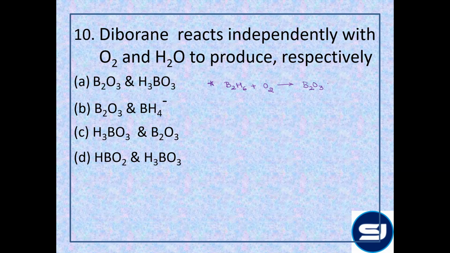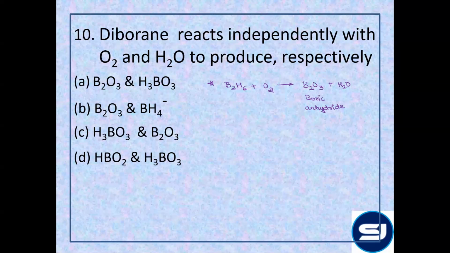This was also named something else: boric anhydride, which is a constituent of one very important test, the borax bead test. Borax bead test, that is very important. The boric anhydride B2O3 is important for the borax bead test.